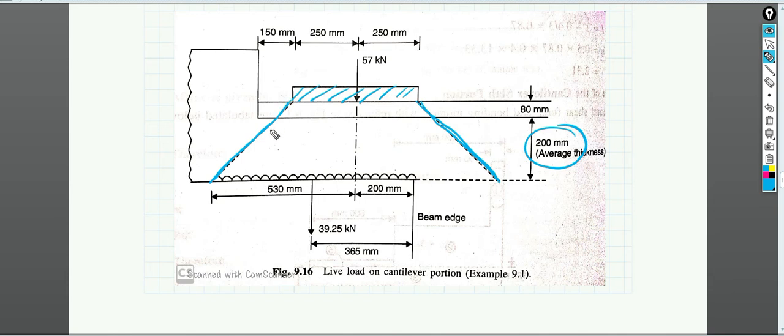So this ratio, you can find out. We can find out up to which distance this particular loading expands, this distance L, suppose, we can calculate. So let's do that, and please understand this particular figure, because we will be using this figure.